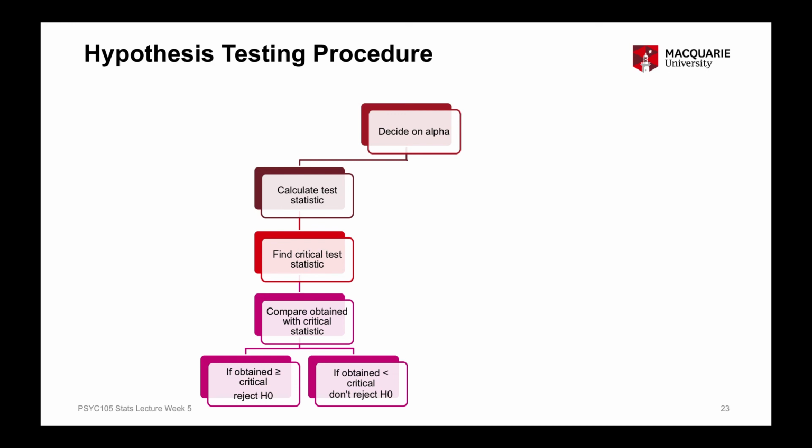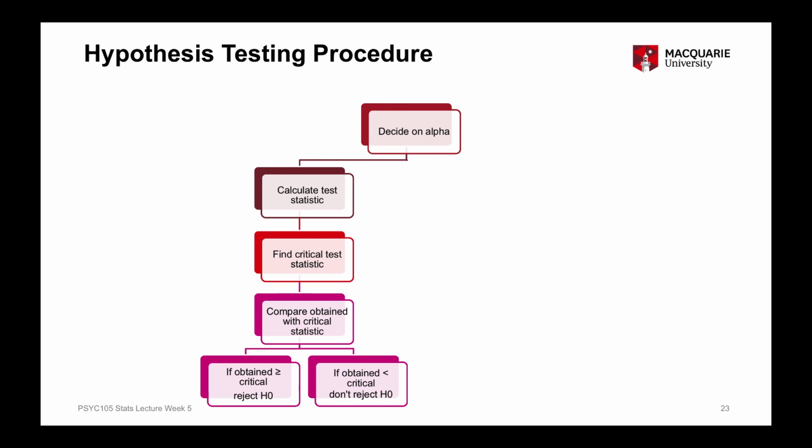The next thing we do, and this is the process that we tend to use if we're using hand calculations of statistics as opposed to using a statistical package or statistical software to help us, is calculate the test statistic first, and that test statistic comes from the data itself. If we're doing, say, a t-test, it comes from the difference between the two means.